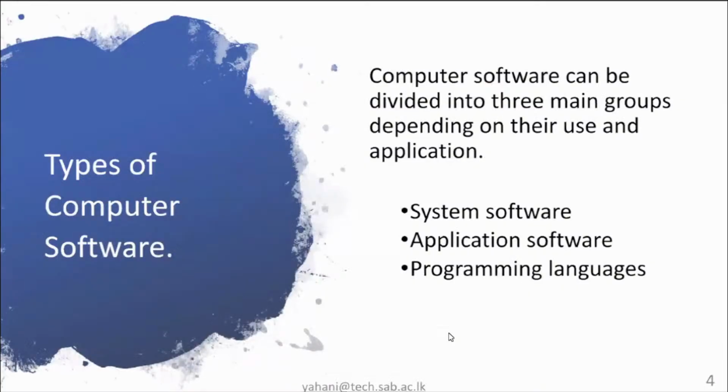Okay, then we have three types of computer softwares: system softwares, application softwares, and programming languages. What are system softwares? System softwares are the softwares that we create to control our hardware components and our computer. Then we have application software, which is built for specific tasks.